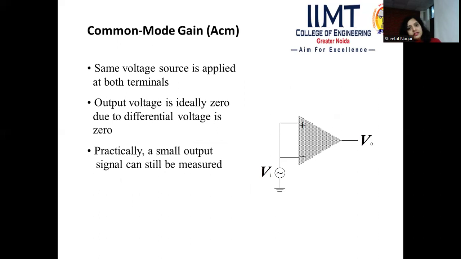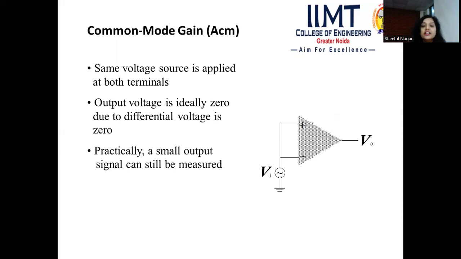This is another mode of giving input to the operational amplifier. In this case, we apply the same input signal at both the inverting and non-inverting input terminals and get the output. The same voltage source is applied and the output voltage is ideally zero.